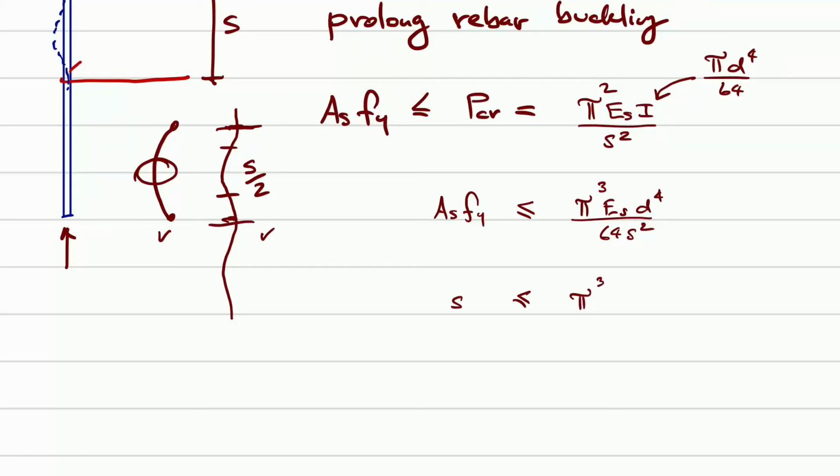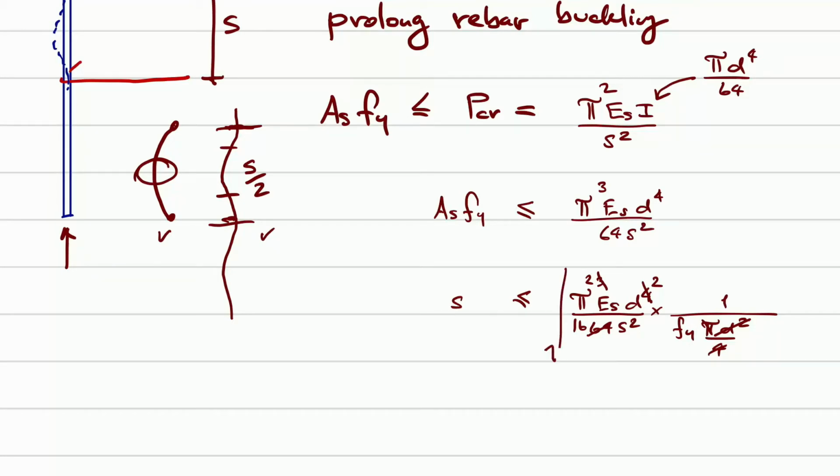Pi cubed Es d fourth over 64 S square, multiplied by 1 over Fy As, where As is pi d square over 4. So the d fourth cancels out with d square, pi cubed cancels out, you get pi square. 64 turns out to be 16, right?